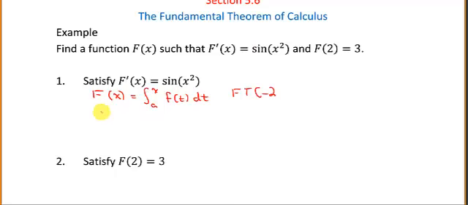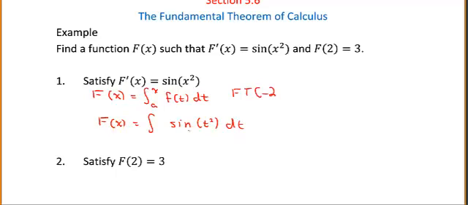So if I do that with sine of x squared, so sine of t squared dt, that should give me an antiderivative of sine of x squared, a function who has sine of x squared as its derivative.